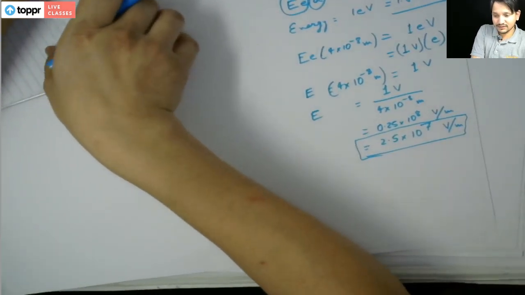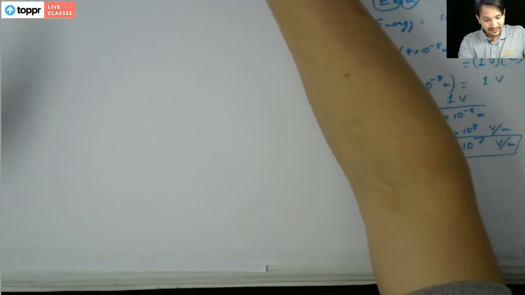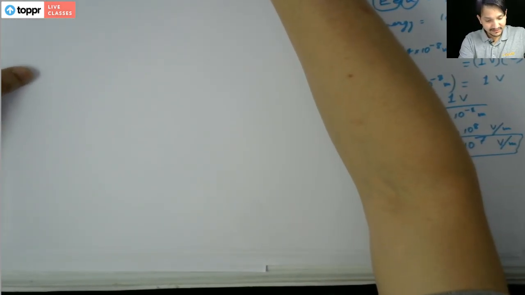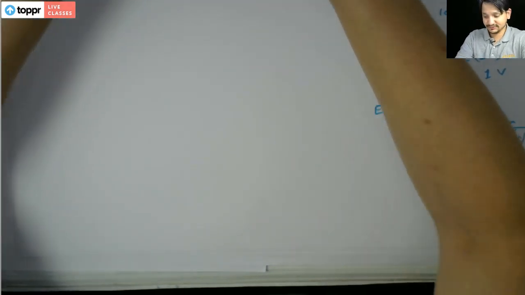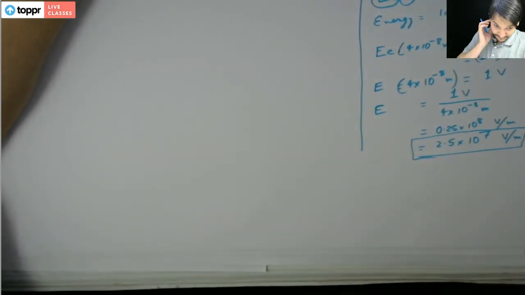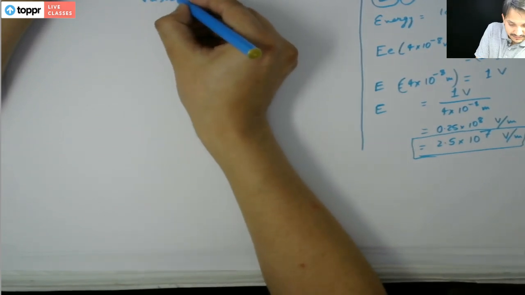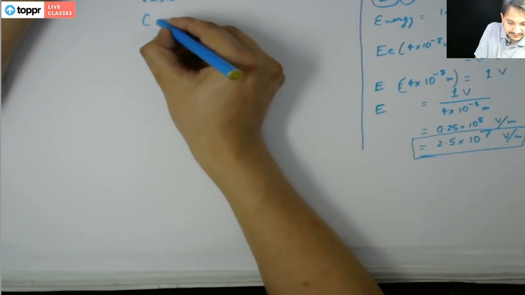We can move ahead with the theory part, because this chapter is quite theoretical. Those students who are quite interested in numericals often get bored with such chapters. So now let's talk about valence and conduction band.